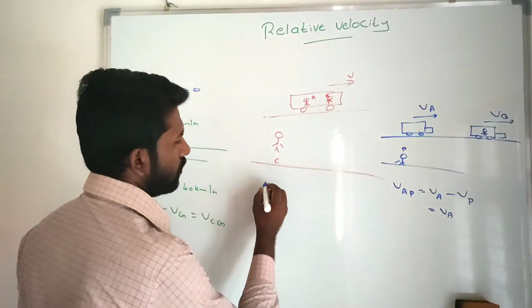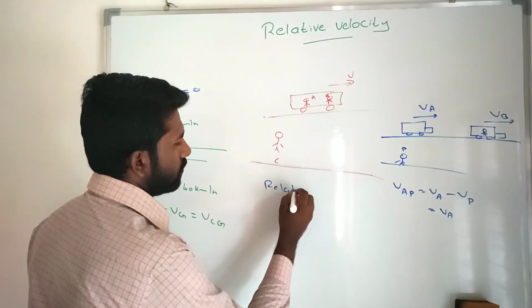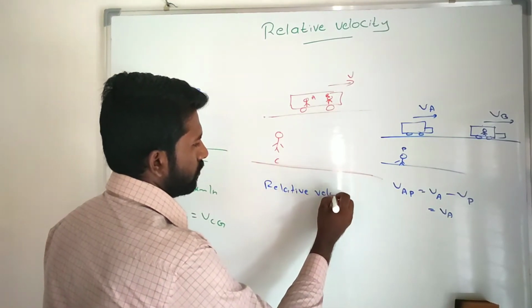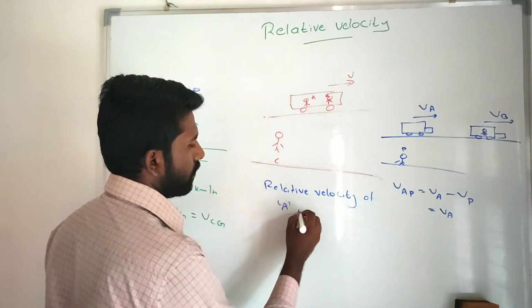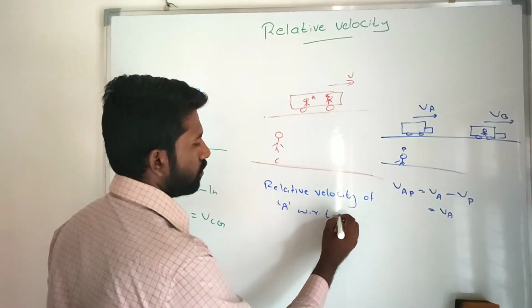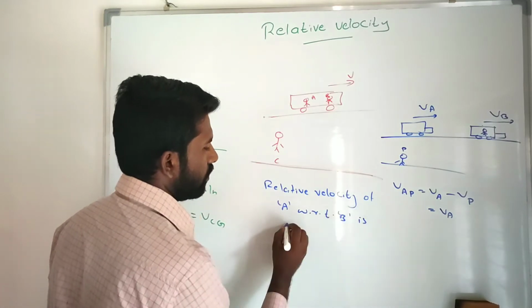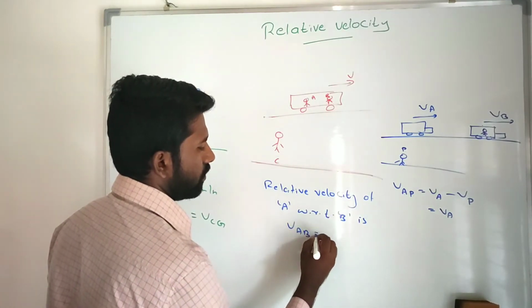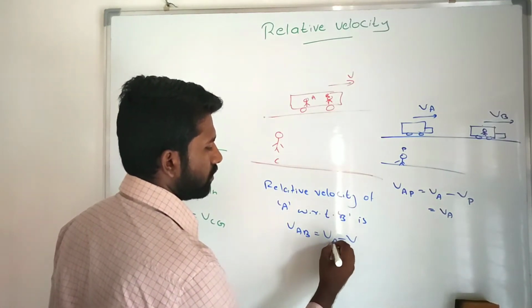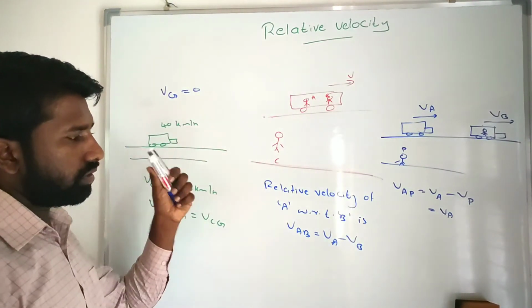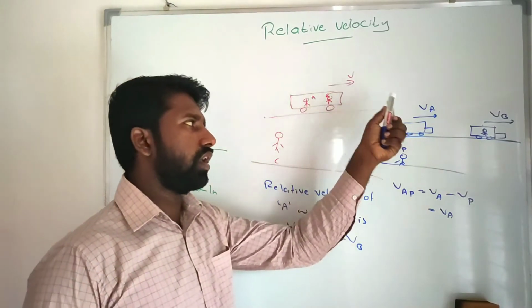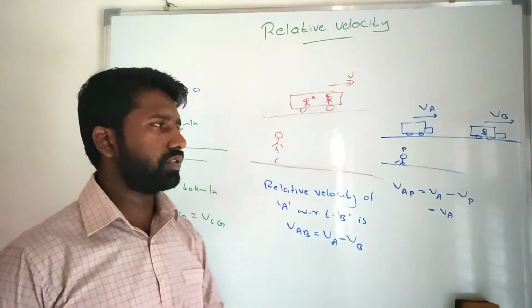So now we will see, the relative velocity of A with respect to B is VAB is equal to VA minus VB. Okay, clear? With this velocity, A will appear to B person.